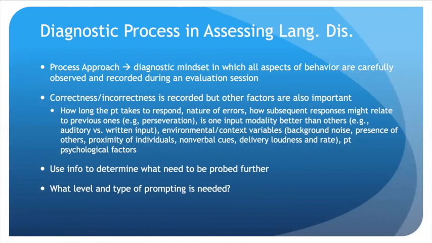All of these things should be taken into your clinical thinking machine, and then figure out what the best approach would be given all of this data. So you use this information to determine what needs to be probed further. Like what's the level and the type of prompting that's needed also. These are important things to determine.